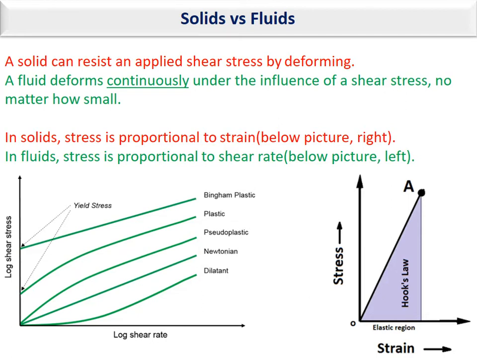As you can see here, in fluids stress is proportional to the shear rate, as you can see in the picture. And the interesting point is that the form of the proportionality between shear stress and shear rate depends on the type of fluid, as we'll discuss in more detail later.